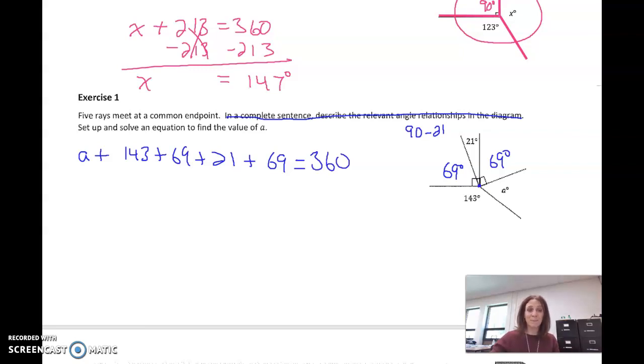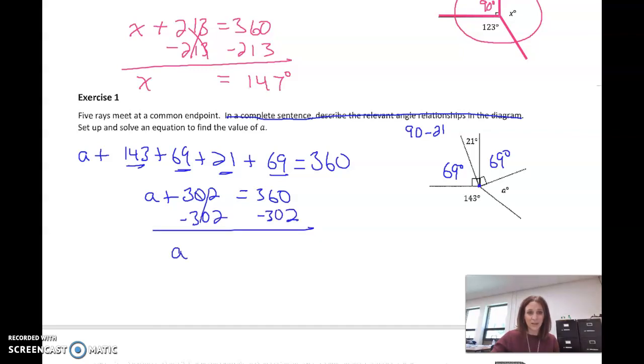Now we're doing 360. Simplify and solve. If I add all 4 of these up, that equals 302. Just grab a calculator and do it. Now I'm going to solve for A. I'm going to get rid of the 302 by subtracting 302 from each side. That gives me A equals 58. So A here is 58 degrees, which totally seems reasonable compared to the other angles.